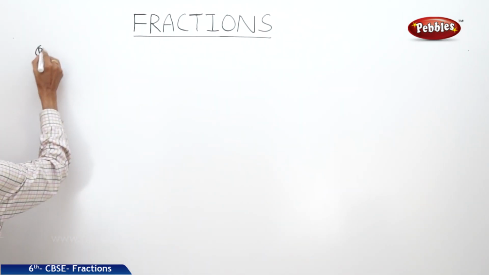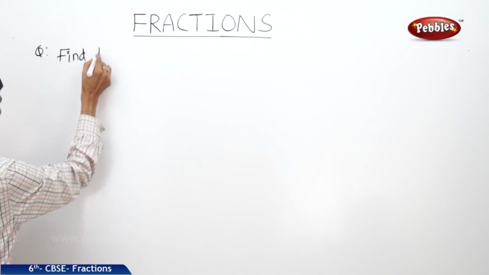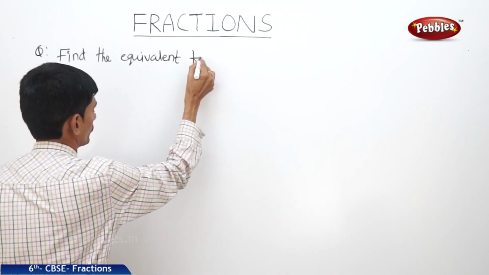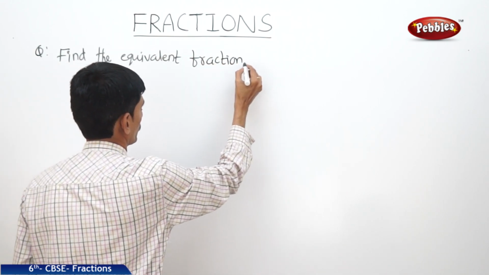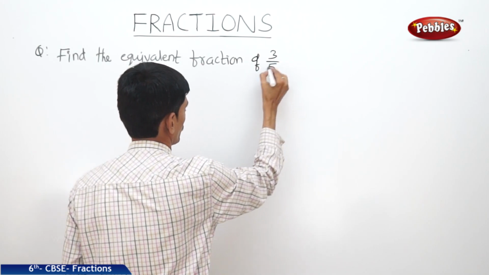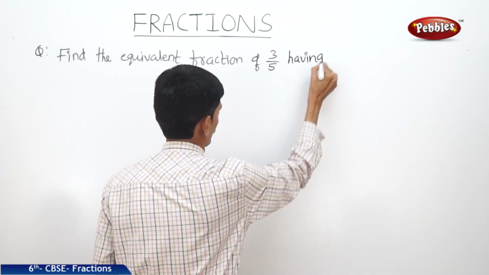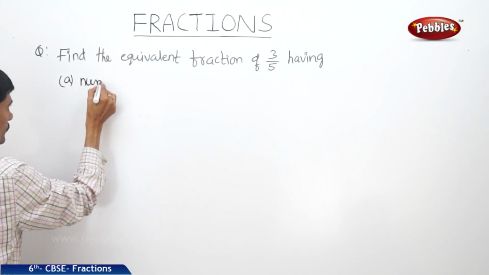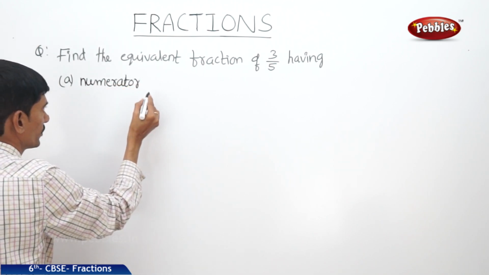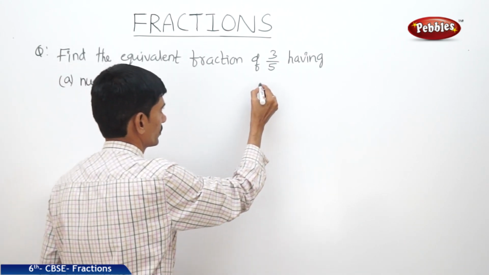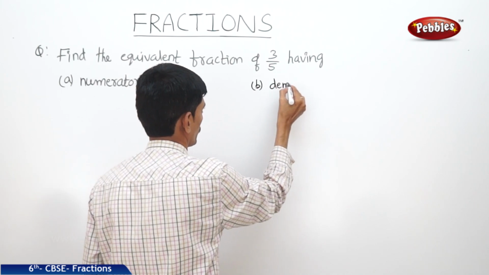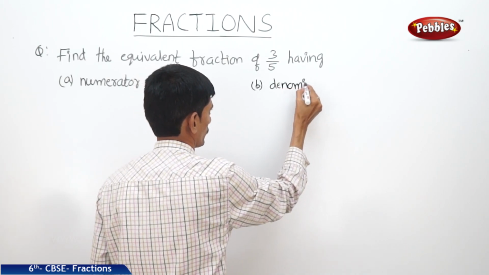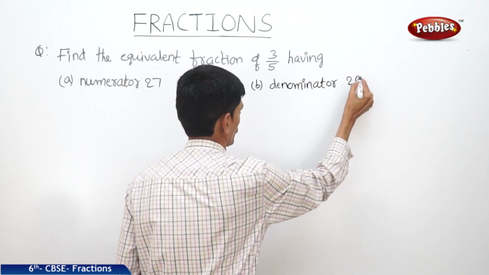Find the equivalent fraction of 3 by 5 having numerator 27 and denominator 20.